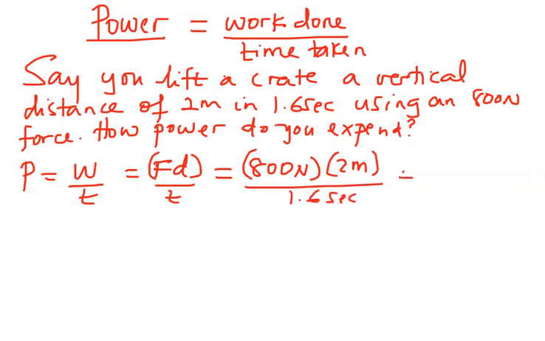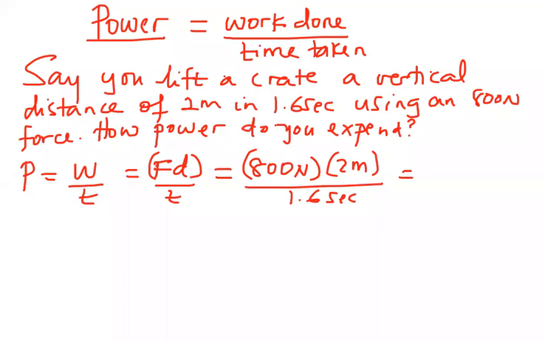This will give you your power. I hope if you do everything right, you get 1,000, because 2 times 8 is 1,600 divided by 1.6. I'm sure you should be able to get the answer as 1,000.